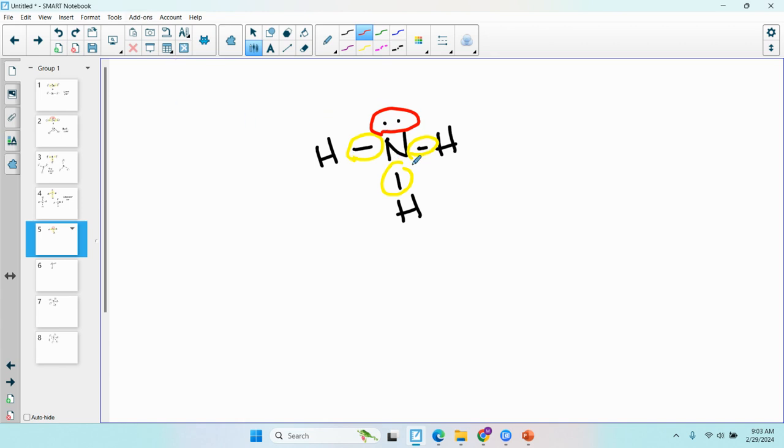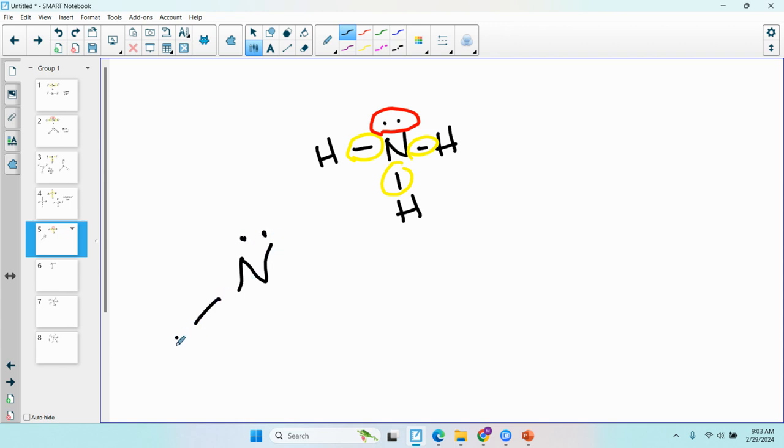So technically, this nitrogen, remember I kind of said, think about it as 4 sides. It has something occupying all 4 sides. 3 of them are bonding and then 1 of them is not bonding. Okay, so you're going to redraw this because of that lone pair. What's that lone pair going to do to those hydrogen? Yep, it's going to shove them down.